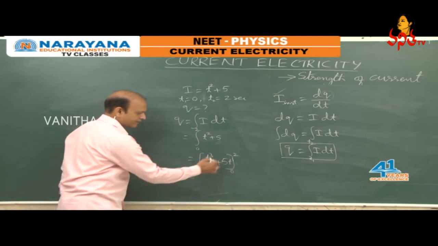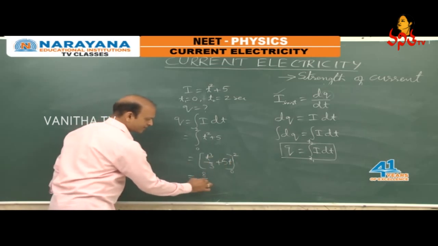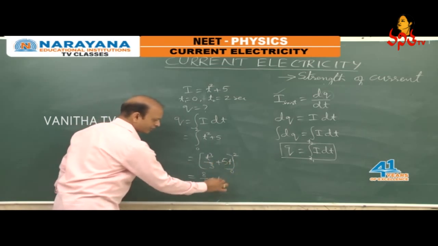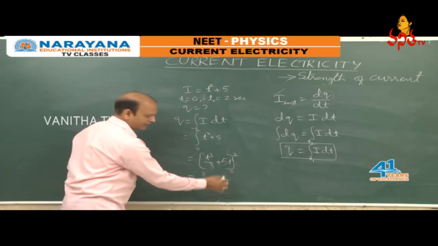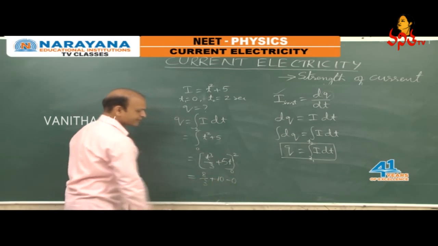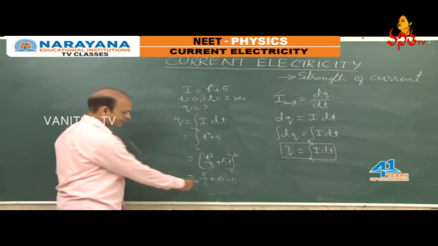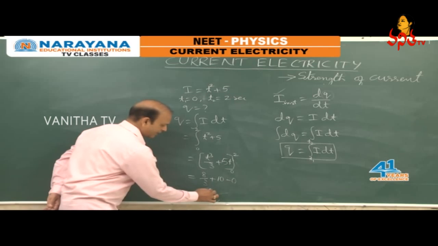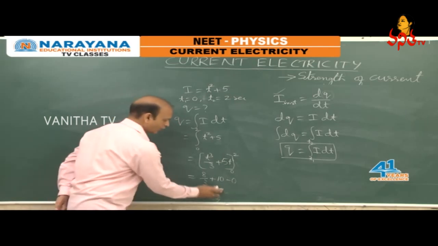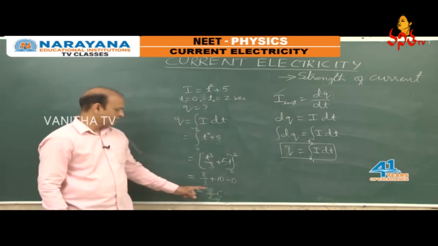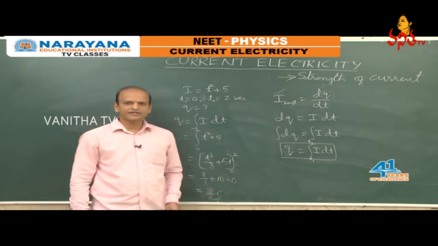Substituting, 2 cube is 8 by 3 plus 5 into 2 is 10, minus 0 cube by 3 which is 0, and 5 into 0 which is 0. That gives the total charge, 38 by 3 ampere, sorry, coulomb. 38 by 3 coulomb is the net amount of charge.